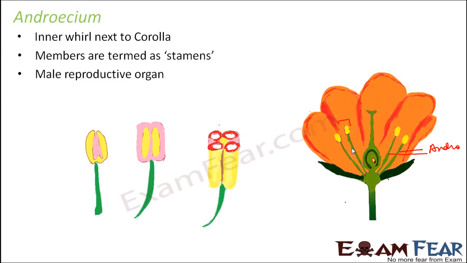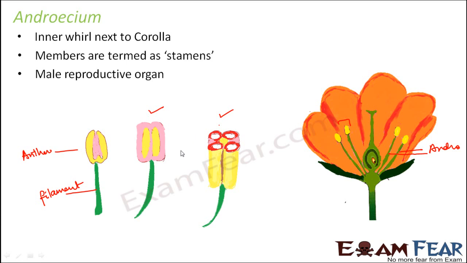Now, if we look at the structure of each stamen in detail, it would look something like this. The first picture represents a stamen from the back side. The second one represents the face of the stamen, and this represents the cross section of the stamen. If you look at the structure of a stamen, it has a filament, which is a stalk-like structure. This filament is the same as this green colored filament, and it has a swollen upper portion, which is known as anther.